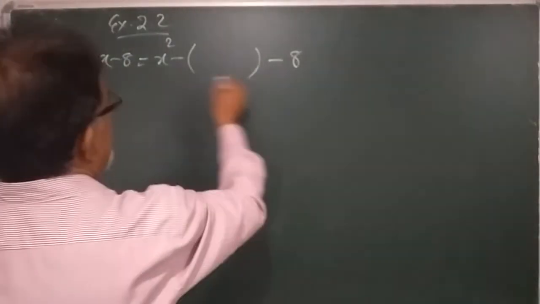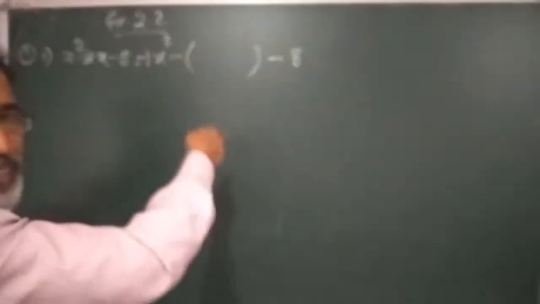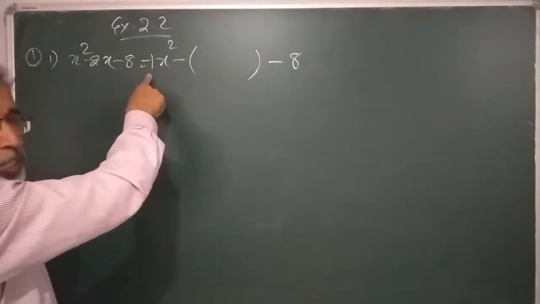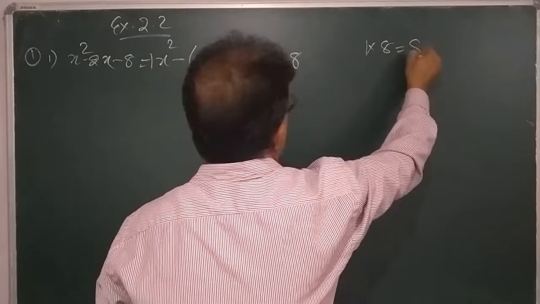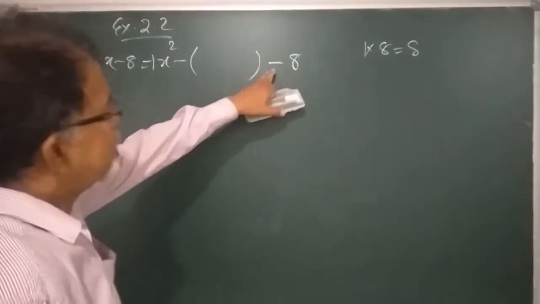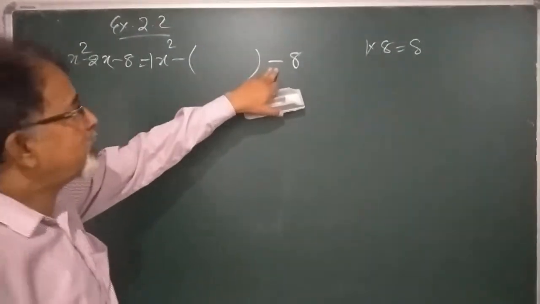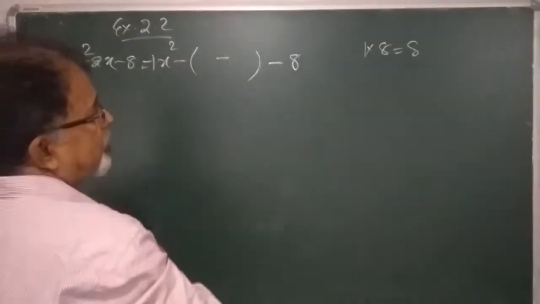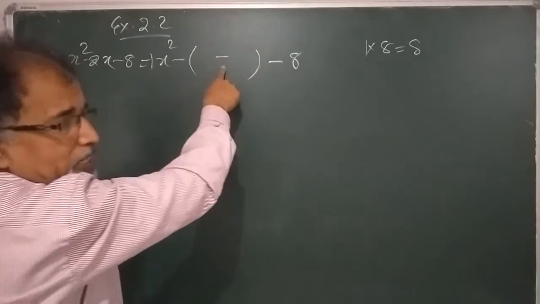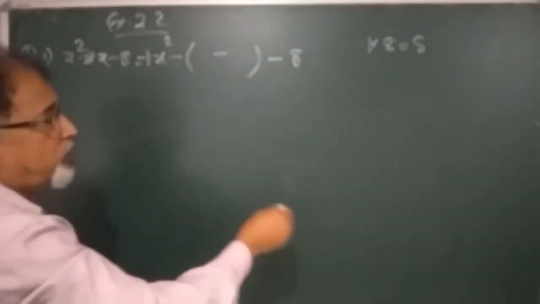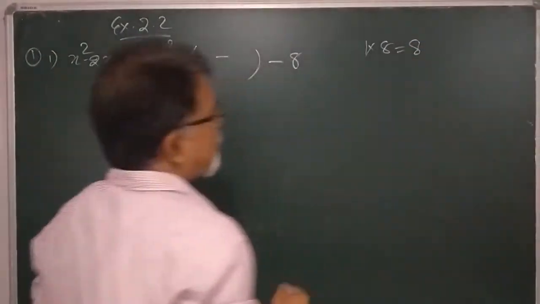Once again I am going to explain here. The coefficient of x square is 1, the constant term is 8, 1 into 8 is equal to 8. Here this is a negative sign, that's why we will write a negative sign here. If this is positive, then we will write positive; if this is negative, then we will write negative. It is very simple to understand.